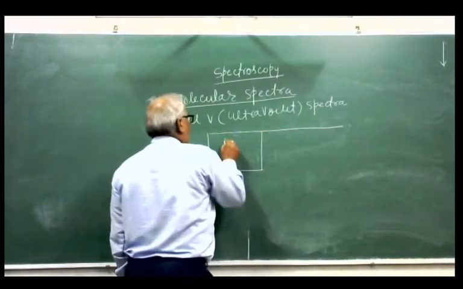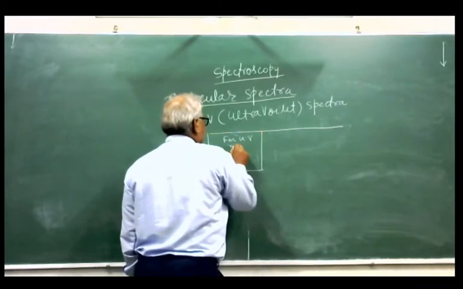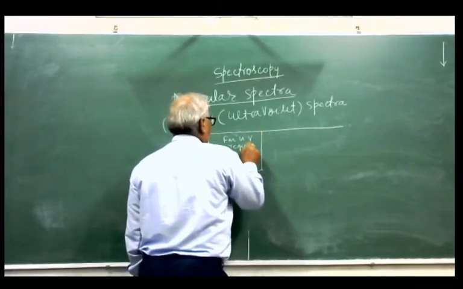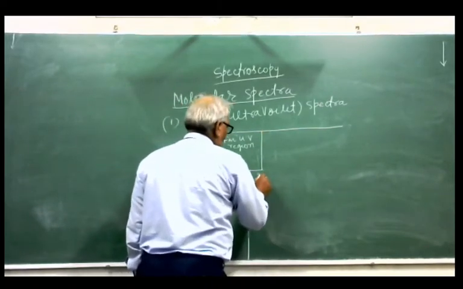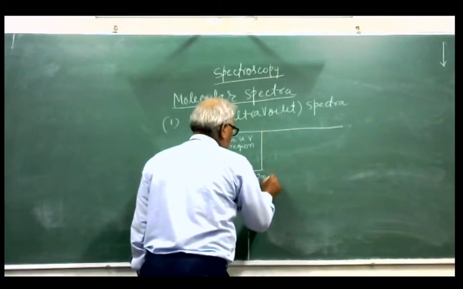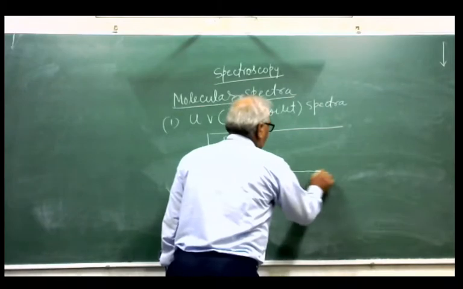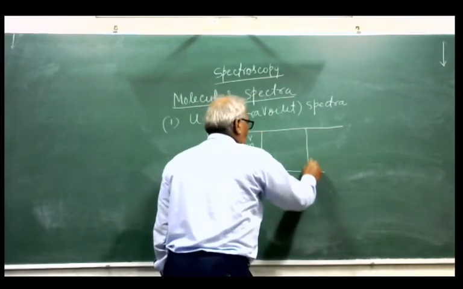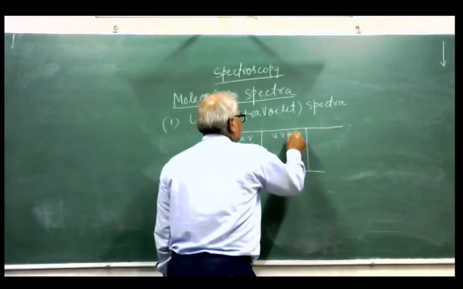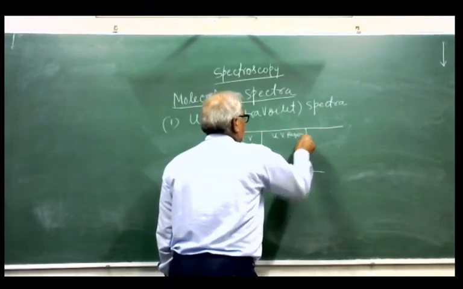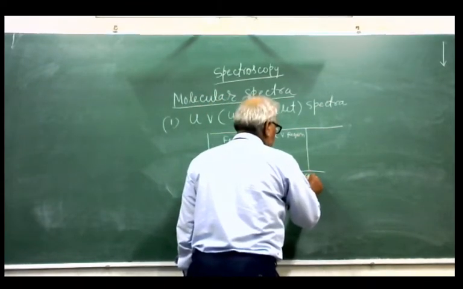This is the far UV region, 10 to 200 nm. Second is the UV region, 200 to 380 nm.